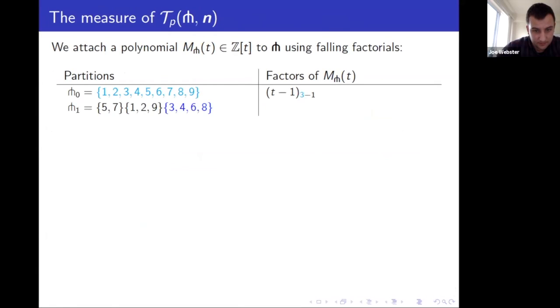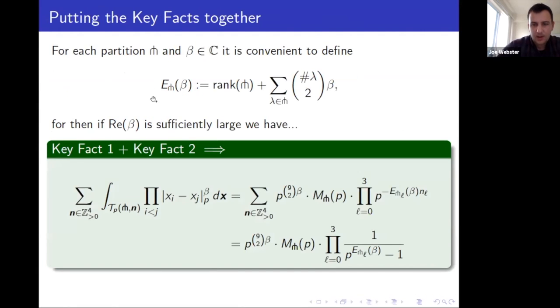Wait, no, I've gone too far. Yes. So this is the moment where the poles could be introduced. It's where the possibility of divergence comes in. It's when we sum over all of these integrals. So in fact, each of these integrals, so each summand here, is entire in beta. This summand here is very simple.